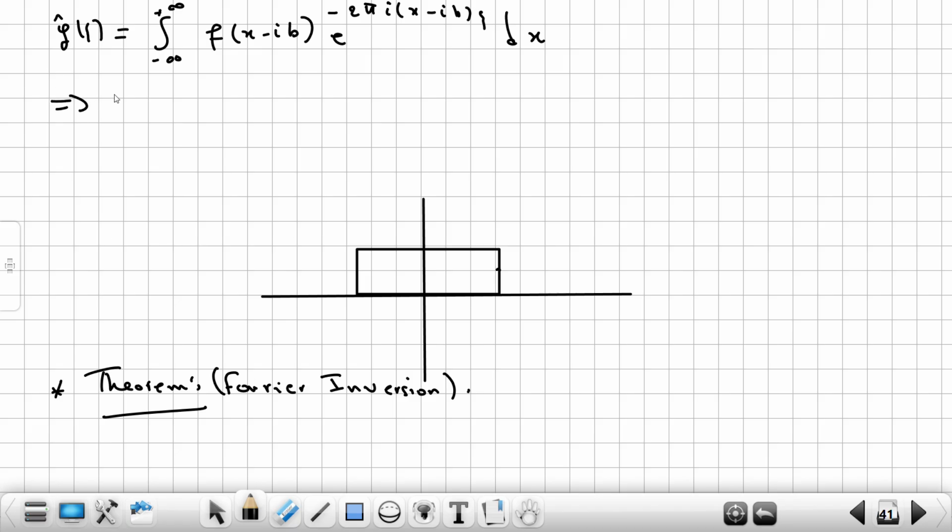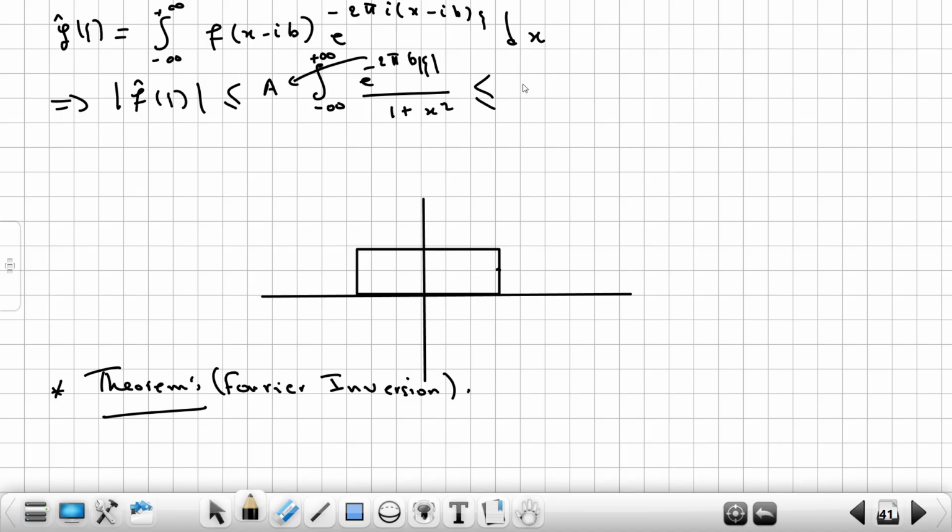This implies, of course, that the modulus of f hat of psi is less than or equal, using again the fact that f belongs to the class F_a, to A times the integral from minus infinity to plus infinity of e to the power minus 2 pi b psi. This term is independent of x, so we can pull it outside the integral over 1 plus x squared, and we can write absolute psi, since we assume that psi is positive.